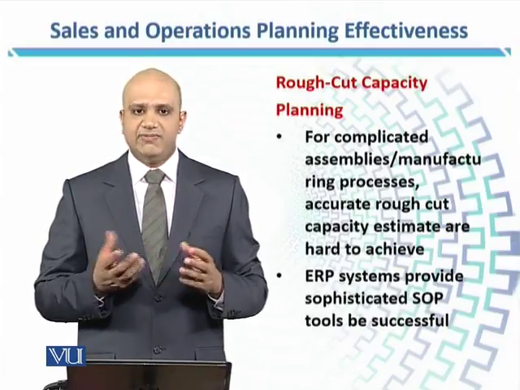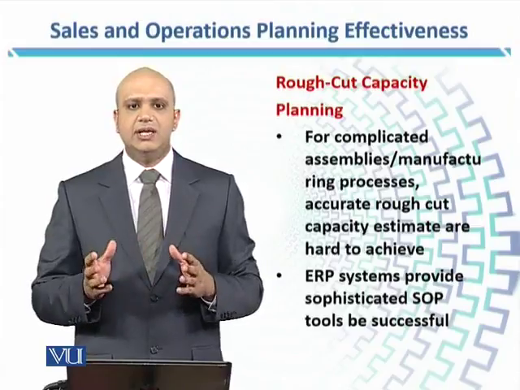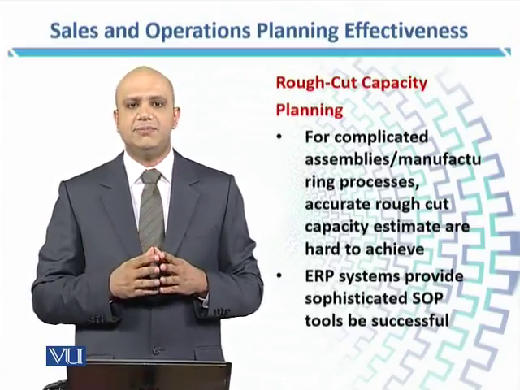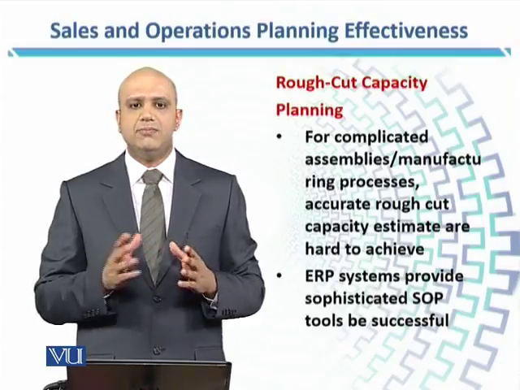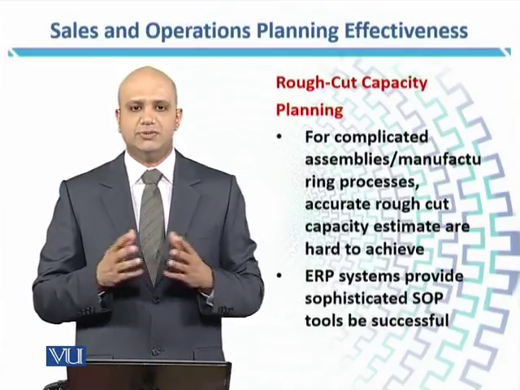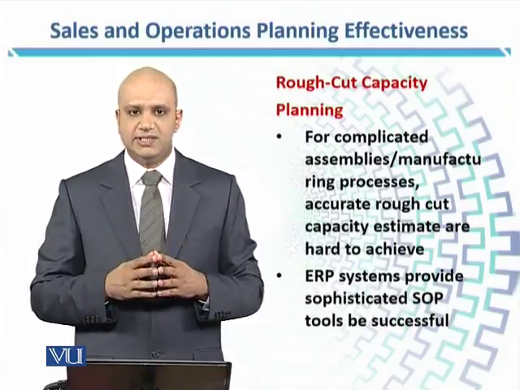No matter what type of ERP system you are using, generally a good ERP system has rough cut capacity planning tools so that you can make sure that the plan which you are going to propose is accurate, is manageable, and is feasible.